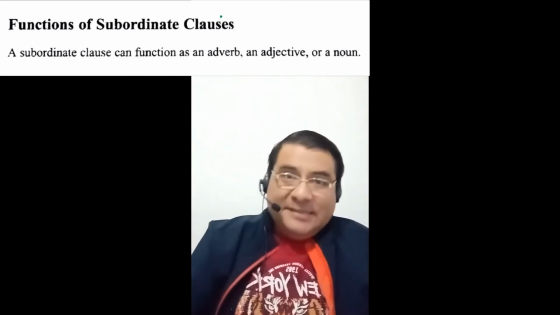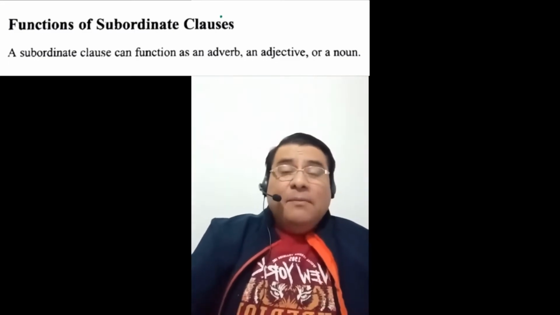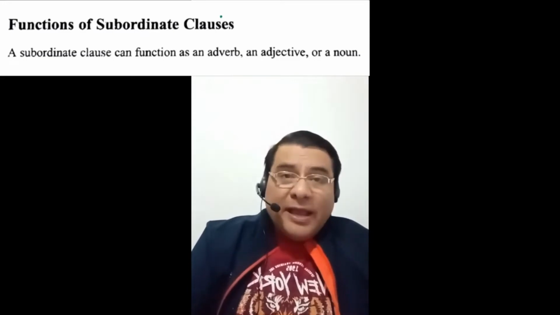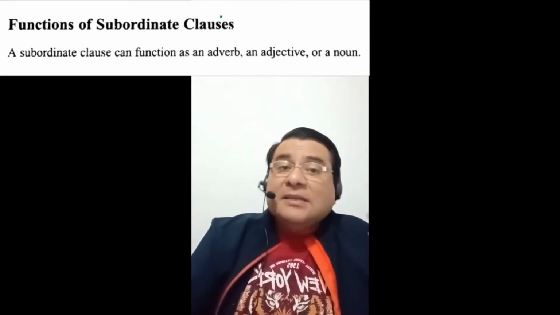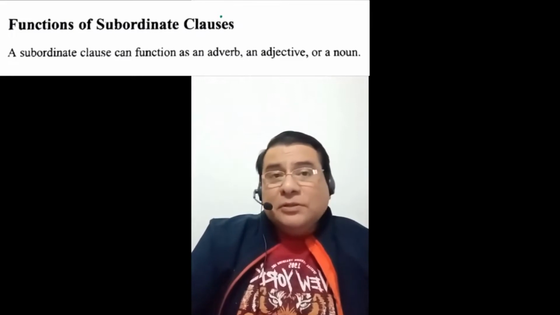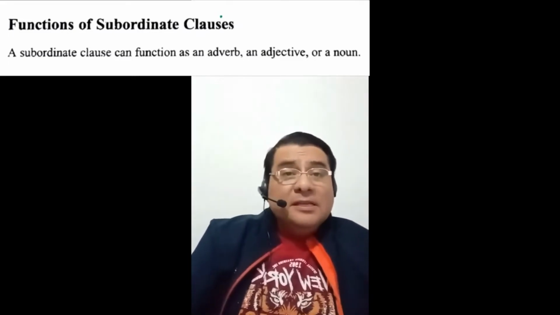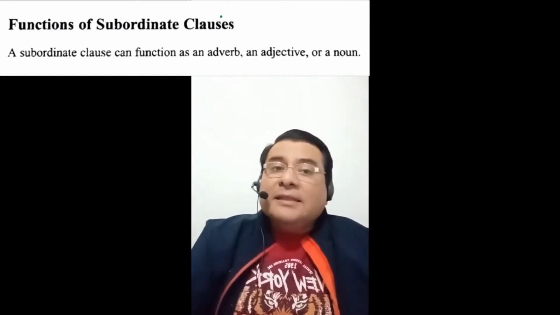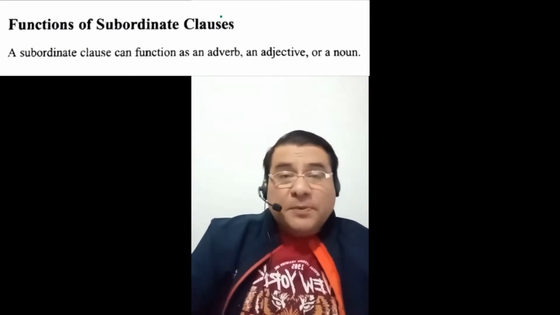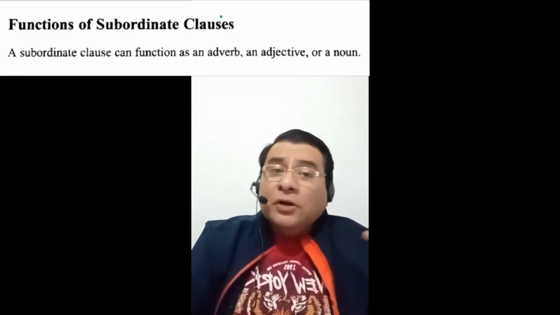Well, you know what a noun is. And an adjective is a modifier. That is a word or phrase that can describe some attributes or modify somehow a noun. And an adverb is mostly an expression that can modify a verb, especially an action verb or a conjugated verb.